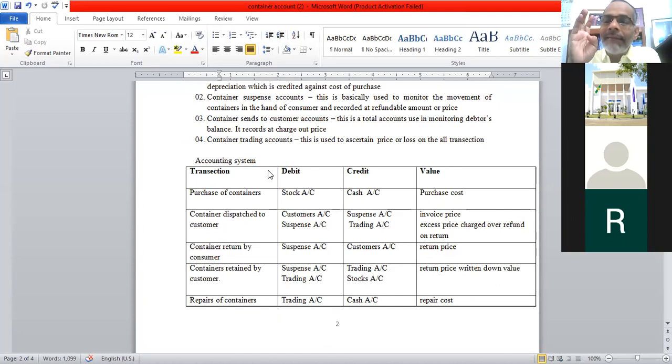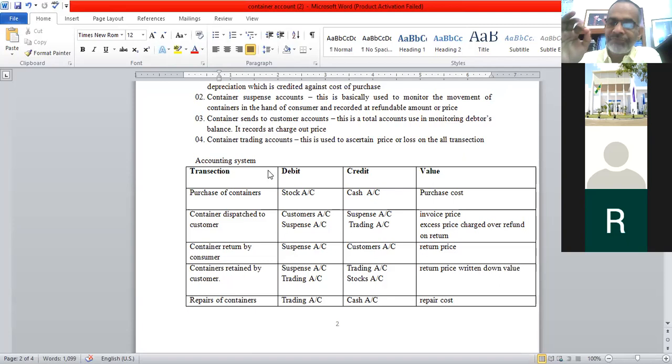Number one, container stock account, container suspense account, container customers account, container trading account. When you are preparing the container stock account, they are related to opening stock, closing stock, destroyed, purchase or scrap, or everything would be recorded debit and credit.